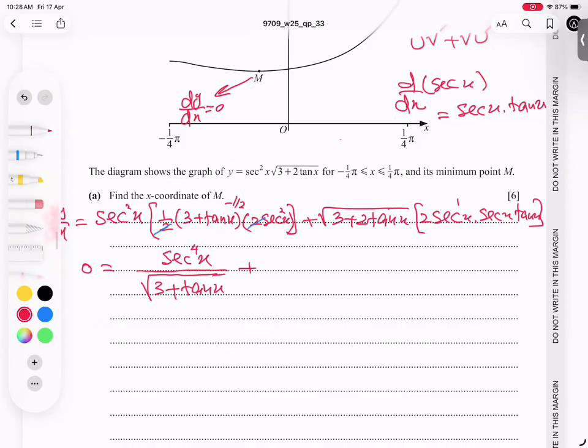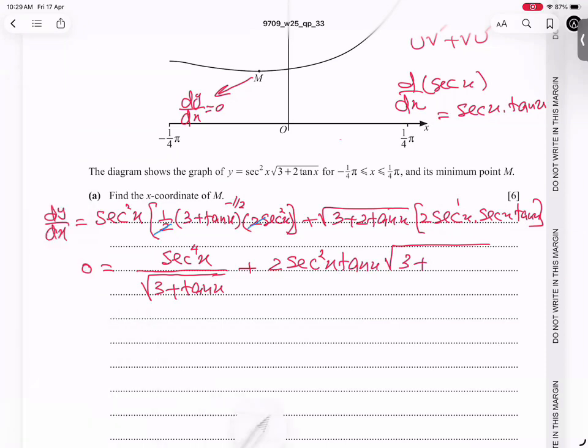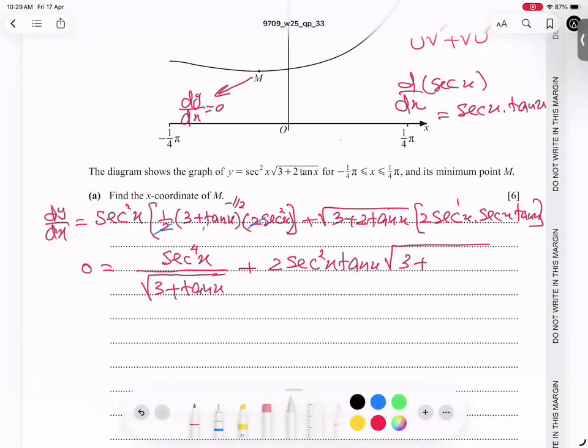The other part, I have 2 secant square into tan, secant into secant, and times 2 root of 3 plus 3 plus this 2. I think I missed a 2 here, so I have to bring it back and write 2 here. Now I'm writing here 2 tan x.